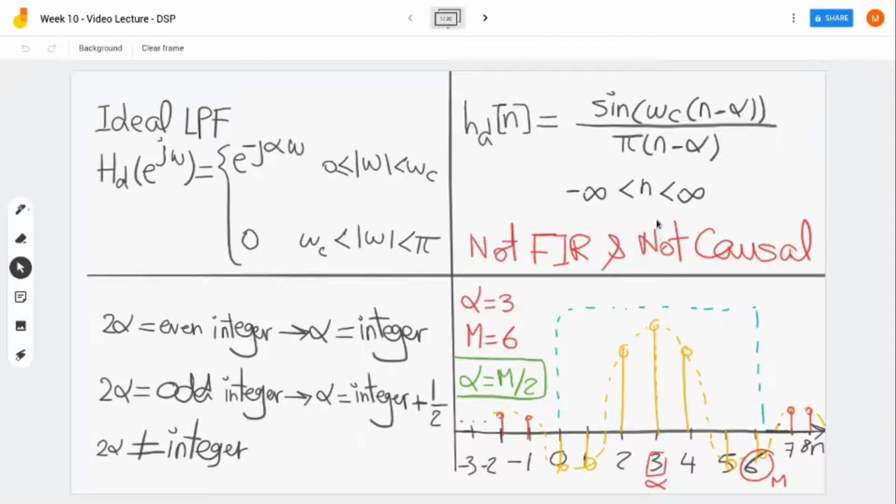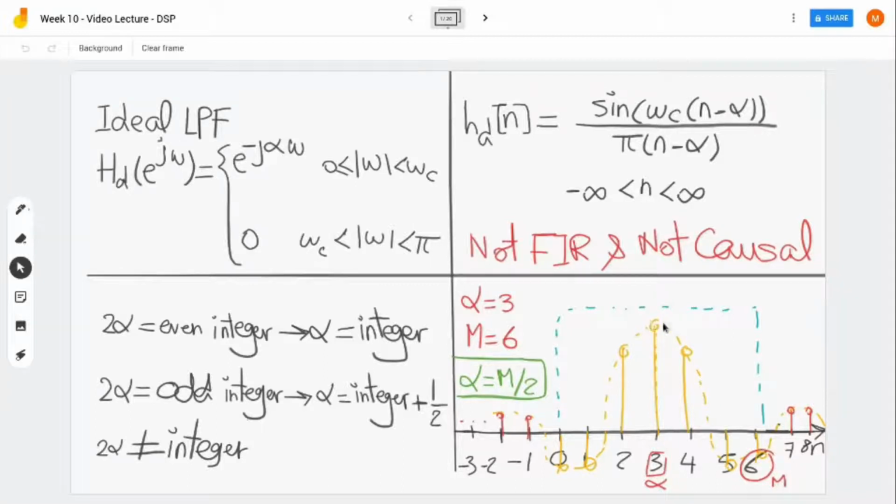And as we have seen in the previous lecture, this impulse response implies that this filter is not FIR, it does not have a finite duration in time domain, and it's not causal because it has samples before n equal to 0. And we have discussed three cases where the first case was 2 alpha is an even integer, which means alpha is an integer like this case.